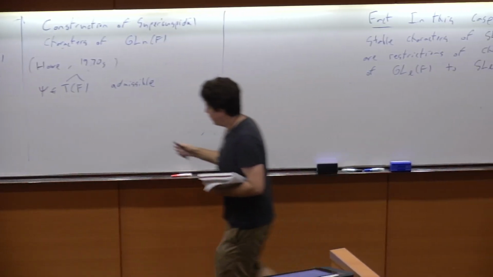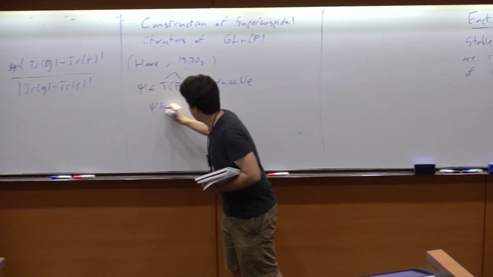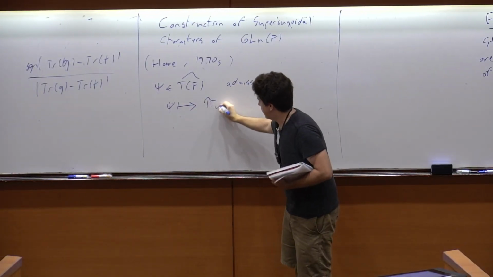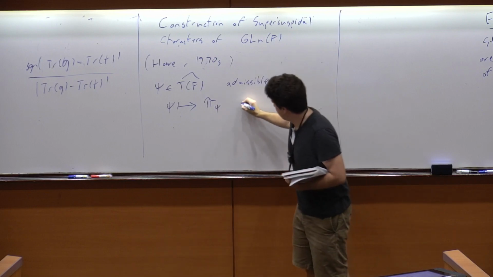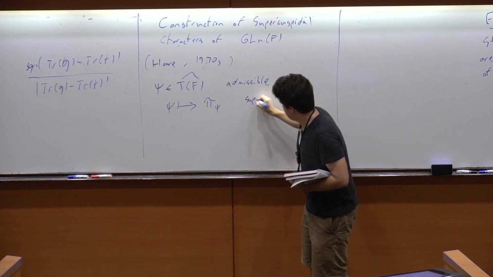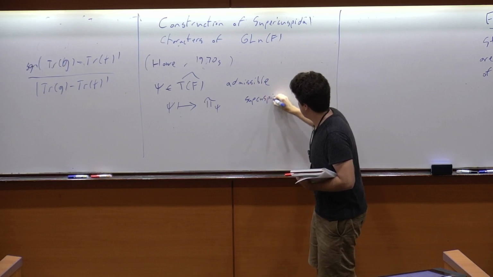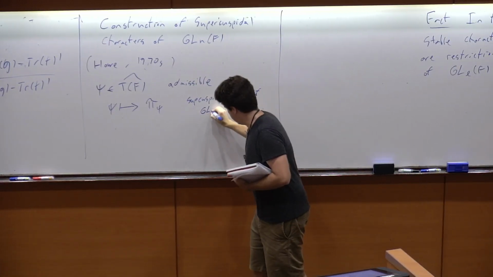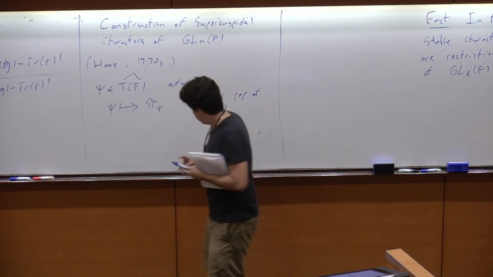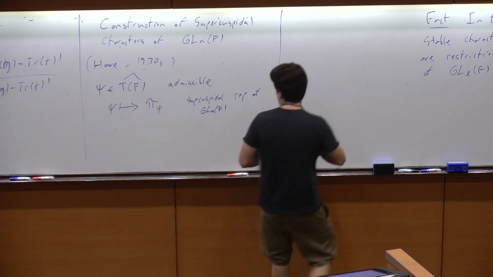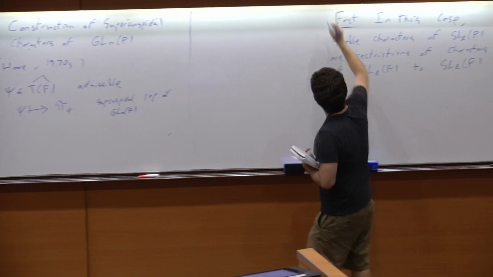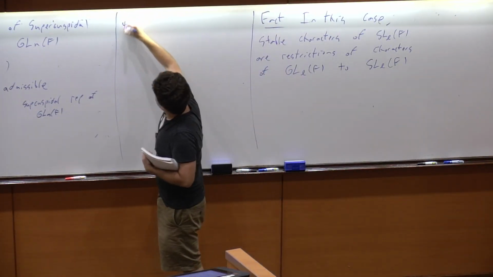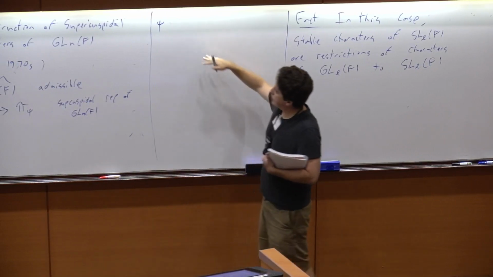well, you can take psi and you can assign to it some representation, pi sub psi, a supercuspidal rep of GLN F. But moreover, what Howe shows is it's an inductive construction.